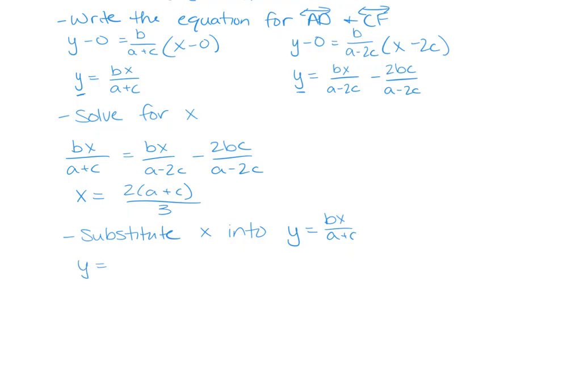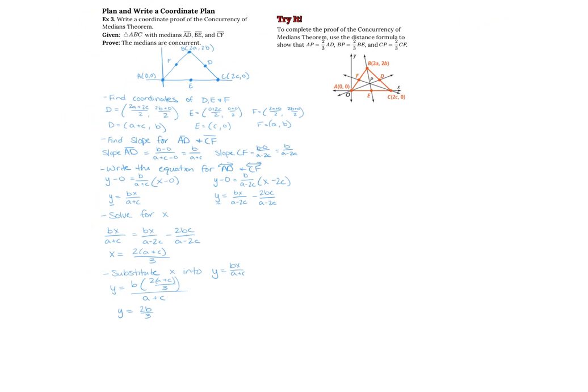So y equals b times 2a plus c over 3, over a plus c. That's going to simplify and give me y equals 2b over 3. Okay, so I have my x and my y values for where those are intersecting.